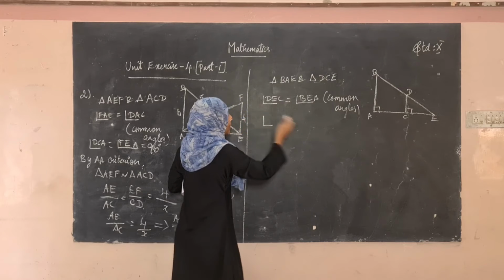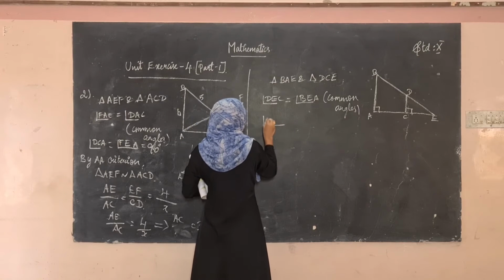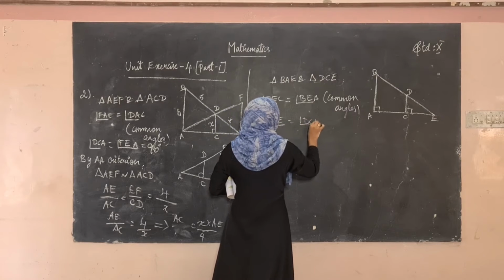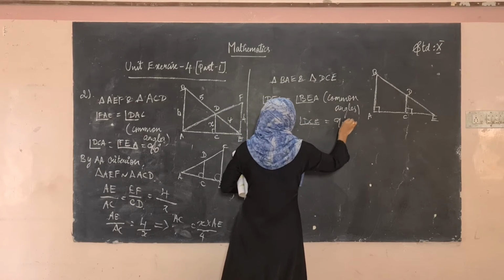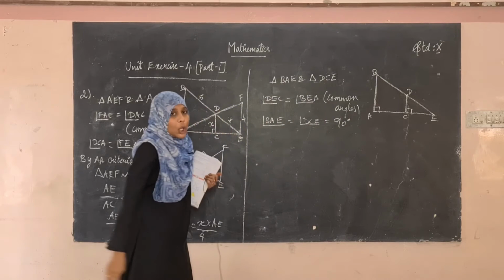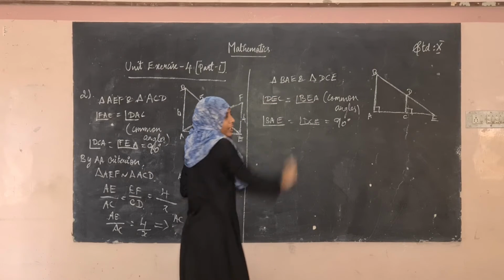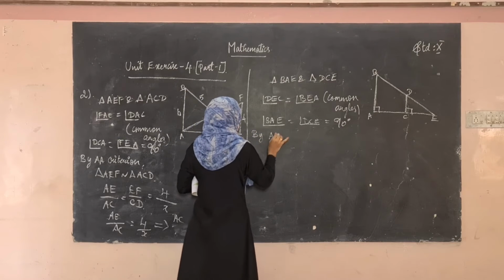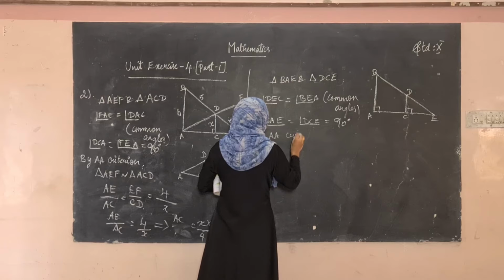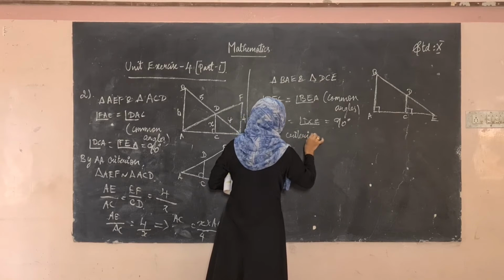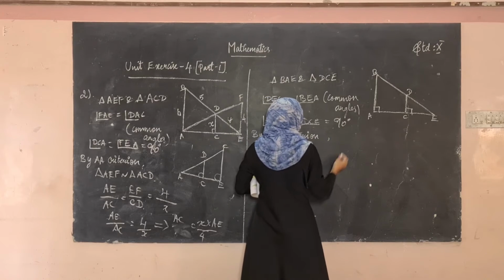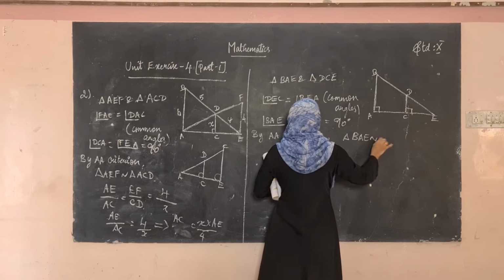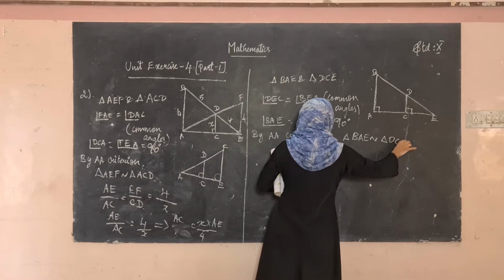Therefore angle BAE is equal to angle DCE is equal to 90 degree. So two of its angles are same. Therefore, by AA criterion of similarity, triangle BAE is similar to triangle DCE.